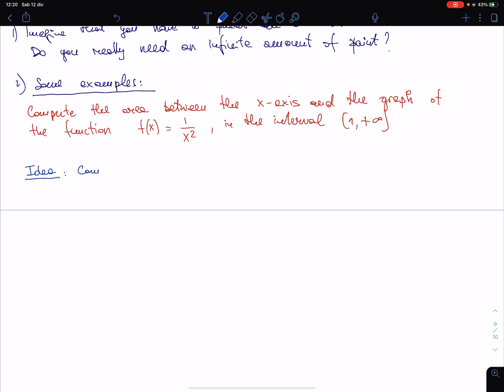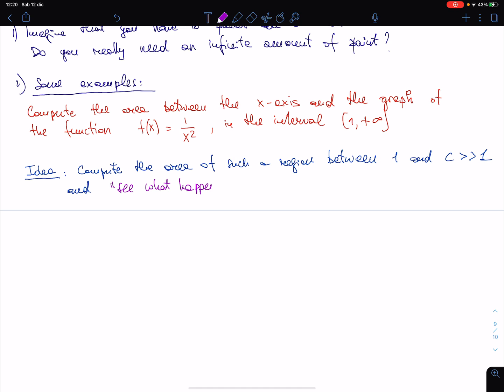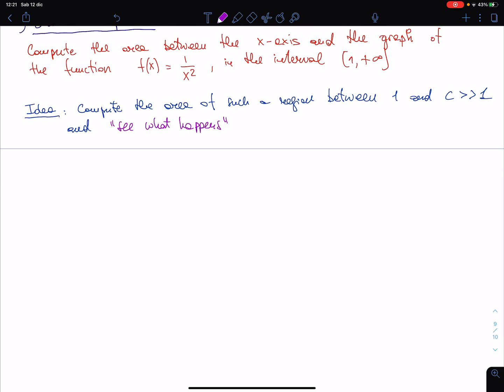Compute the area of such a region, but not between 1 and plus infinity, rather between 1 and some c much larger than 1, very large, and then see what happens.